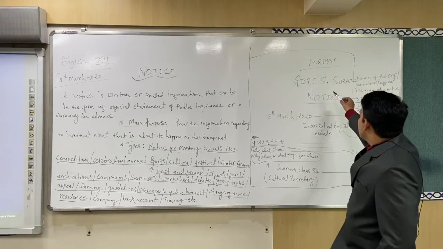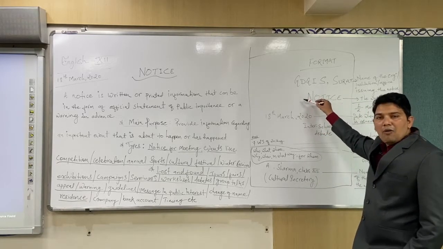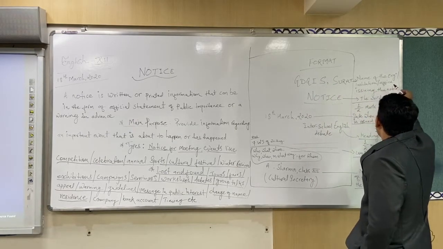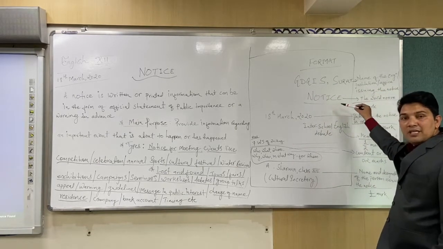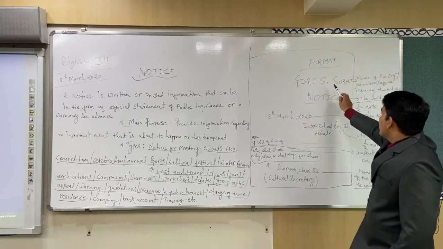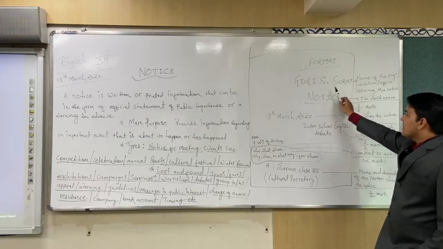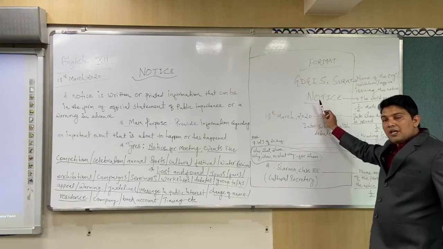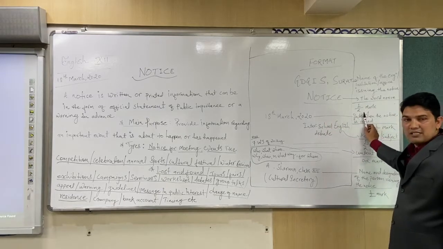Now see, what is the marking scheme, how you will obtain the marks, and how the evaluation is done, that I am telling now in short. If you write properly the name of the organization and the word notice in capital, you will get half marks.